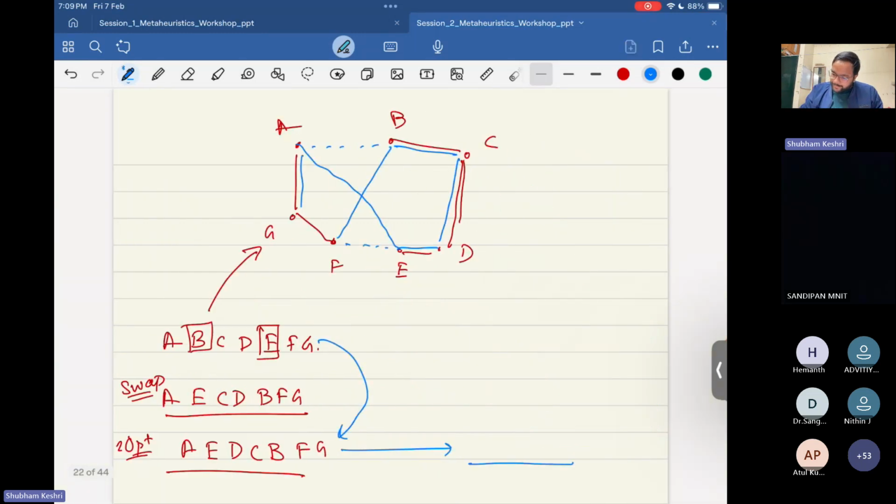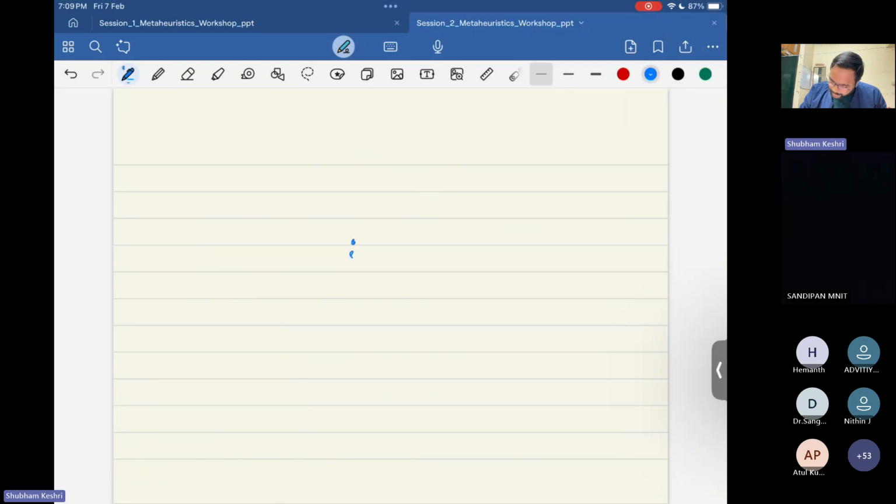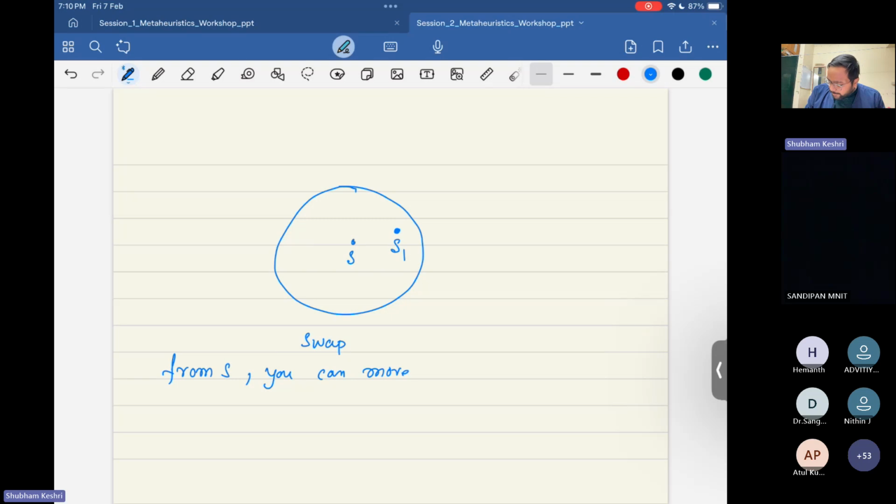So if you are at a solution S and all the neighbors of that solution you can reach by one operator, one apply of that operator, we will say that those solutions are close to this solution S. Those are in the neighborhood of that solution S. So suppose there is one more solution S1, which using swap is in the neighborhood of solution S. So from S, you can move to S1 using one swap operator.